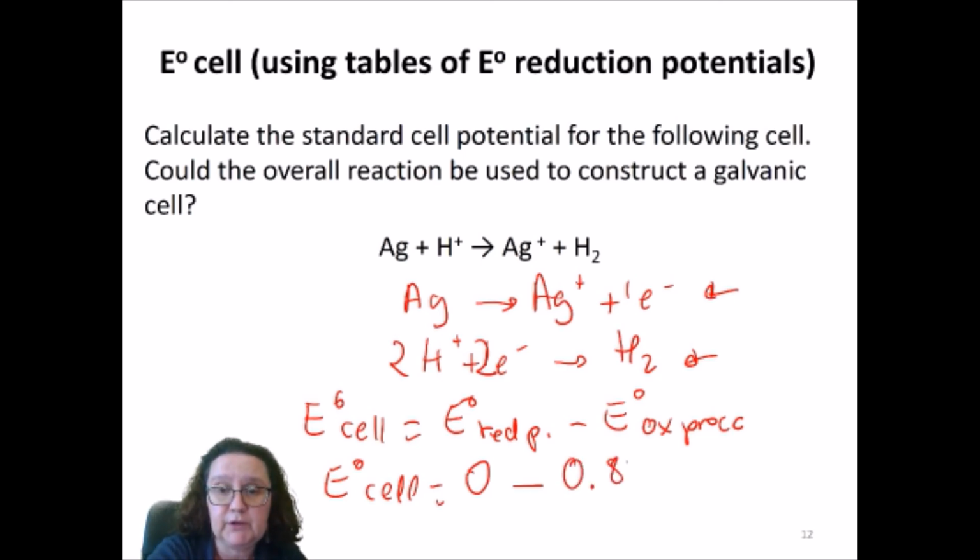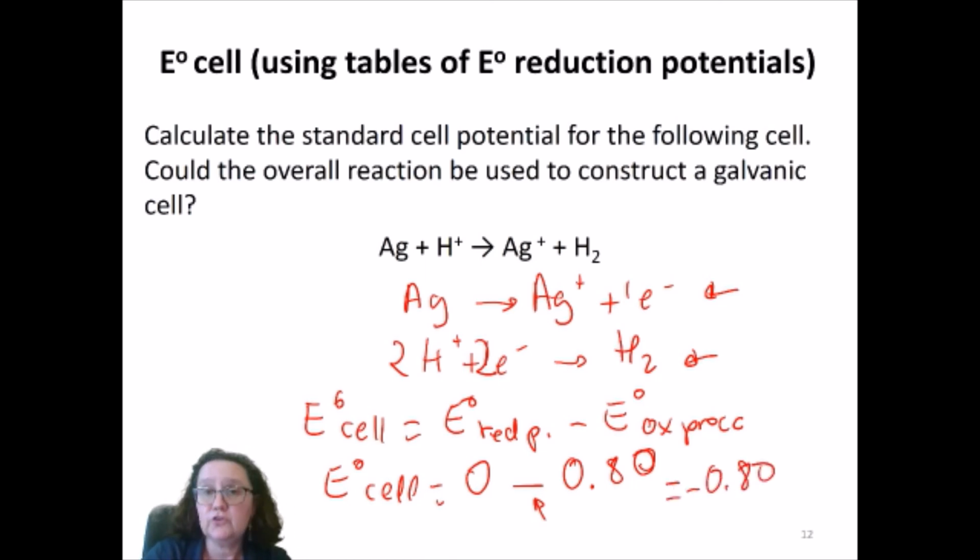And I put minus 0.80 because I'm taking care to change the sign from the table, in which it is written as a reduction, into the equation in which we are taking into account there is an oxidation process. This value, minus 0.80, is a negative number. So no, the answer is no. This electrode potential is not positive. This overall reaction could not be used to construct a galvanic cell because this process is not spontaneous. The electrode potential is a negative number.